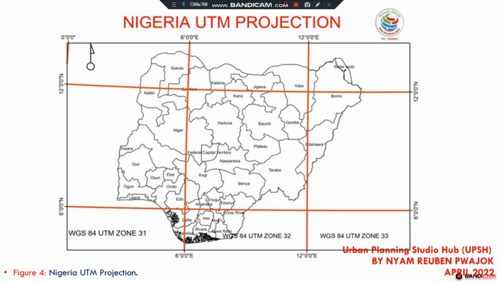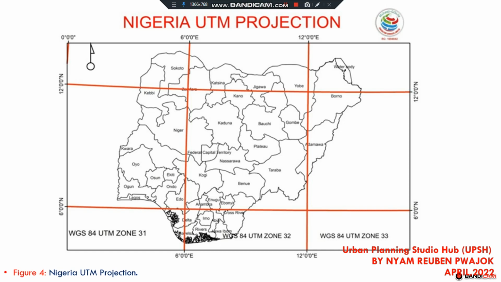Again, it doesn't mean that because I reside in Lagos, that's under zone 31, and maybe there's a project that I have in Borno State, that I cannot handle that project. Of course, that would be so funny. What it simply means is that you can be in Lagos and actually do work in Borno State.